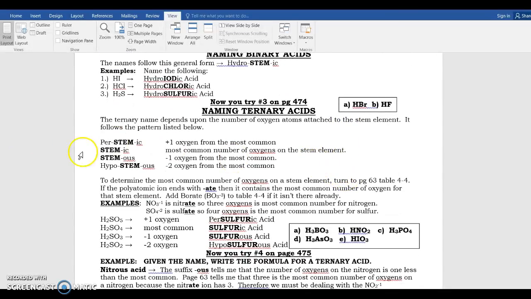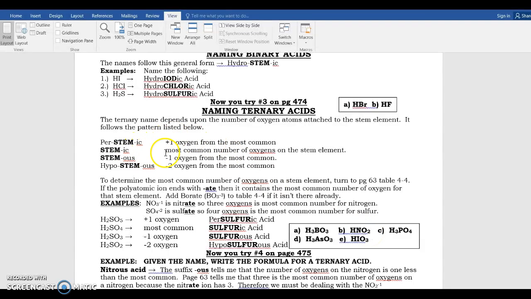Ternary has a little bit more. The stem-ic one here is the most common number of oxygens on the stem element. Most common referring to the polyatomic ion. So let's take B for example, HNO2. I know that the most common is NO3. This has an HNO2, so it's missing 1 oxygen.